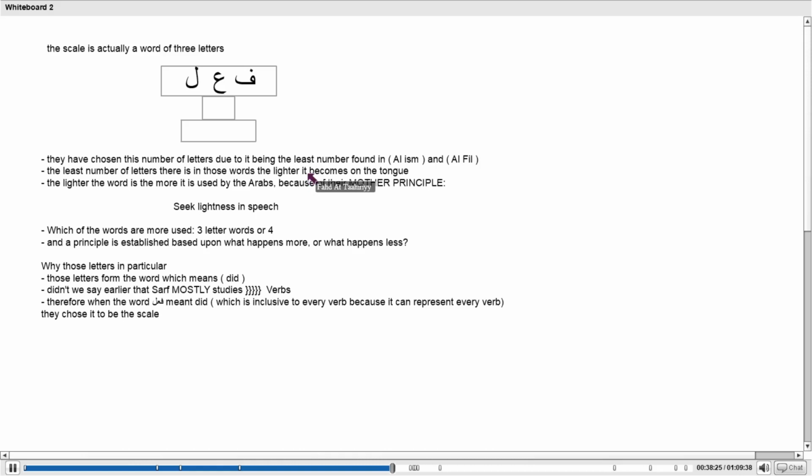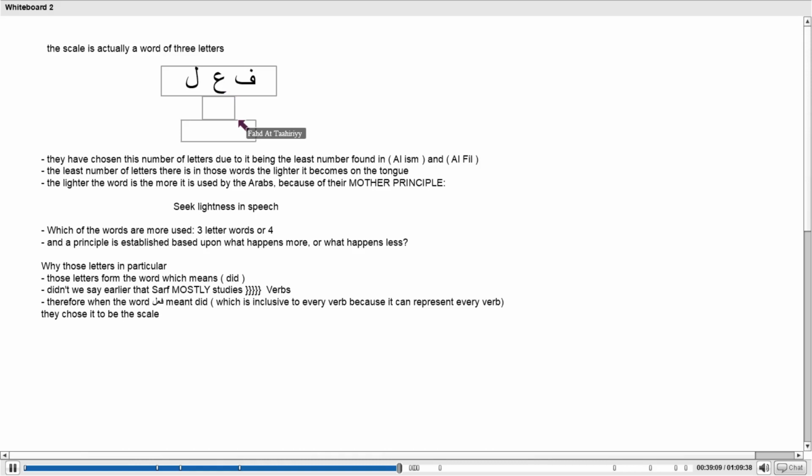Now, when the scholars studied the Arabic language, how the Arabs speak, they were studying the words which are used more, correct? Because usually what you make principles out of is a frequent phenomenon, something that happens frequently all the time. So words containing 3 letters, since they are used the most, have been chosen for the scale.